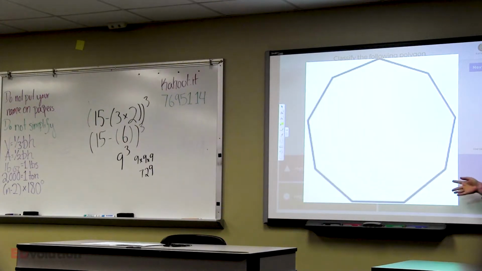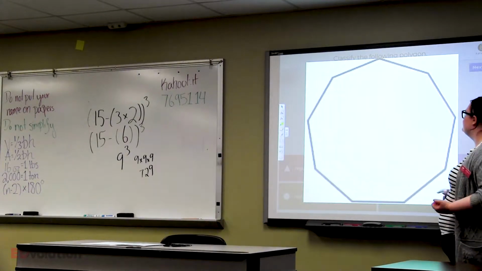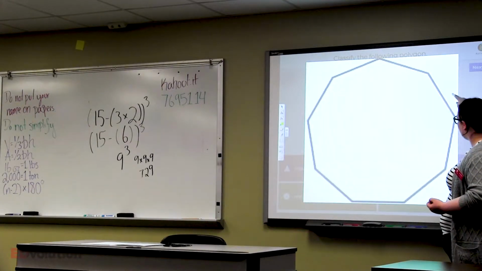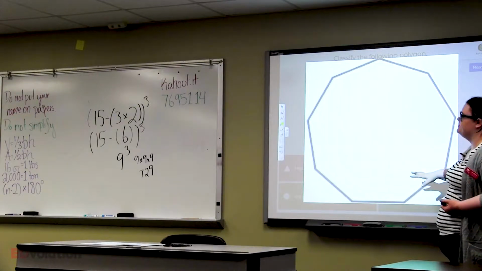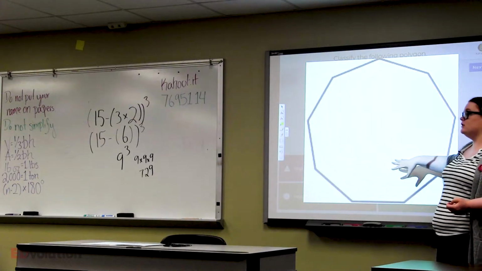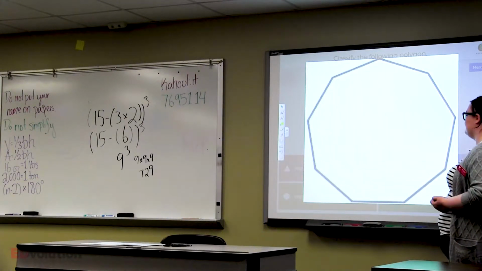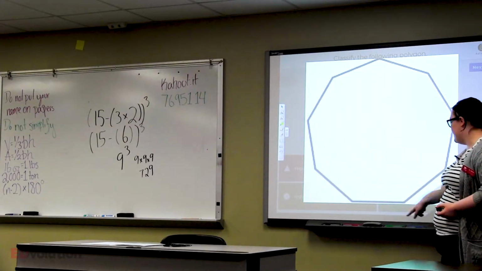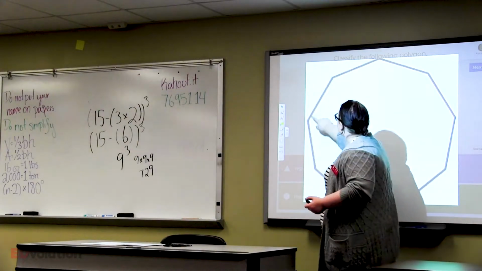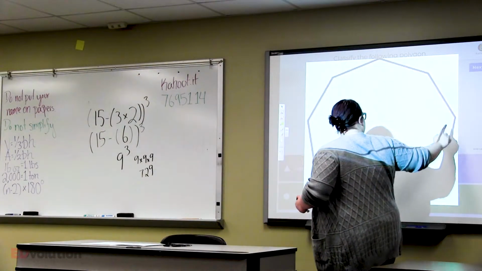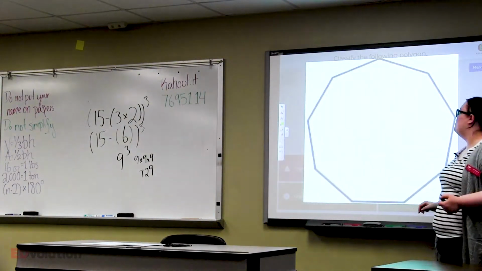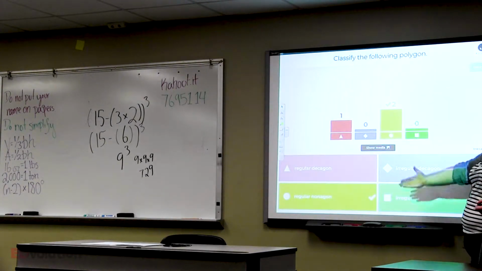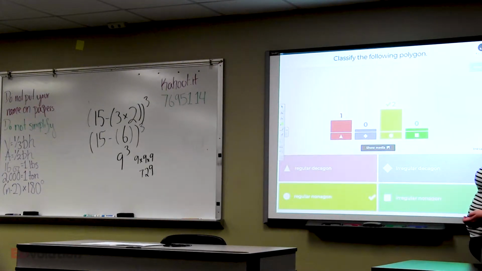While it didn't state that this is drawn to scale, we can reasonably deduce that each of the angle measures are the same. So that would mean that this is a regular shape. That would have eliminated the irregular answers. And then you can count the sides. We have 1, 2, 3, 4, 5, 6, 7, 8, 9. So a 9-sided shape is a nonagon. And that's how we got that answer.